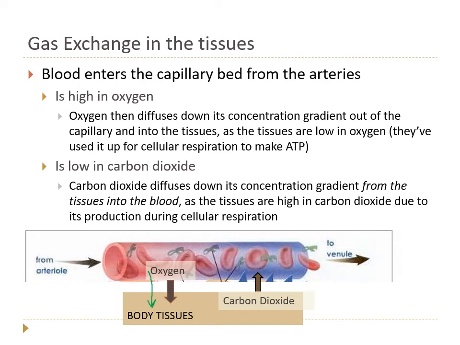Simple diffusion, right? And then this blood is low in carbon dioxide, so the concentration of carbon dioxide is higher in the tissues where it's being produced, so carbon dioxide moves into the bloodstream in the capillary bed. So that's why the blood returning to the right side of the heart is going to be low in oxygen and high in carbon dioxide.